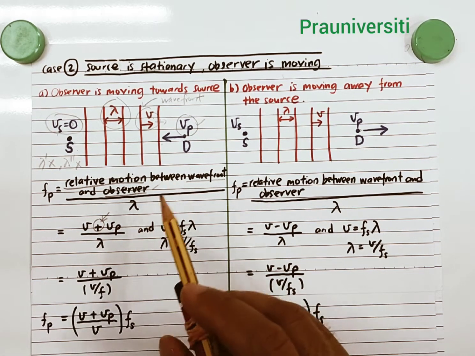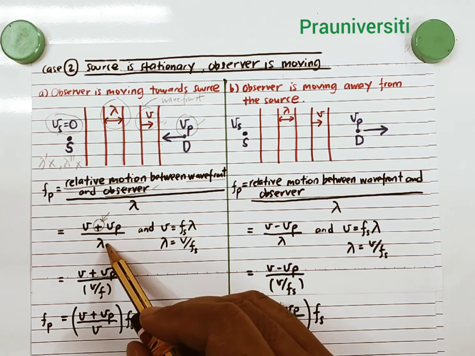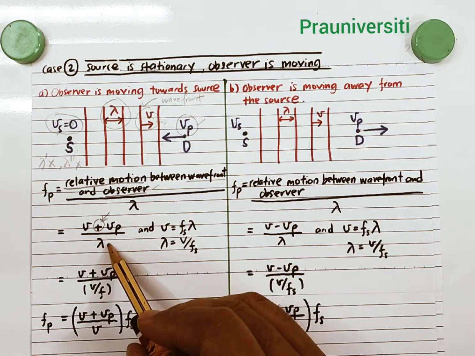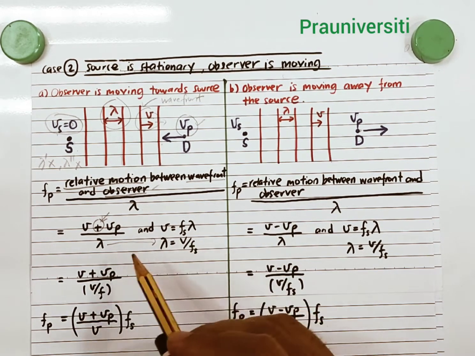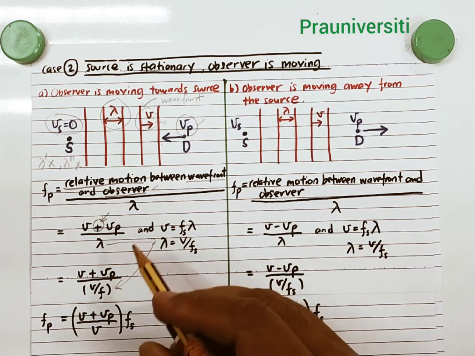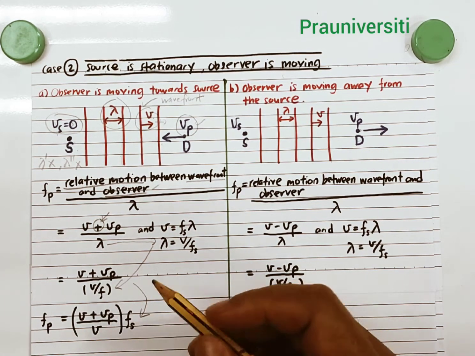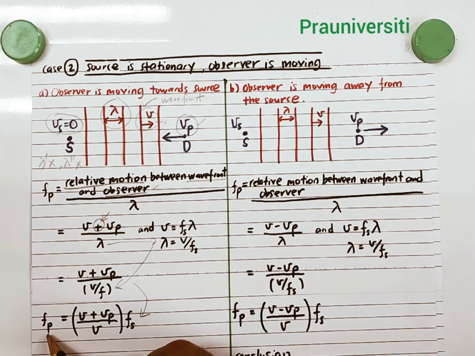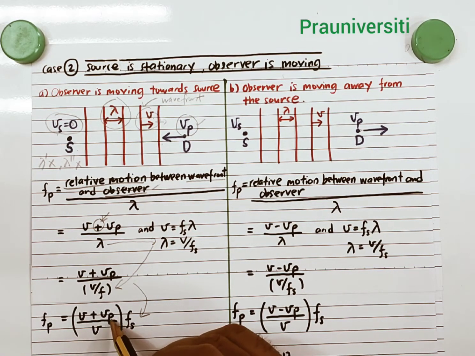So that's why we need to apply the positive. And then of course lambda is equal to V over Fs. So we replace it here, then we get this equation. In this equation we can write the apparent frequency as (V plus Vp) over V times the original frequency of the source.